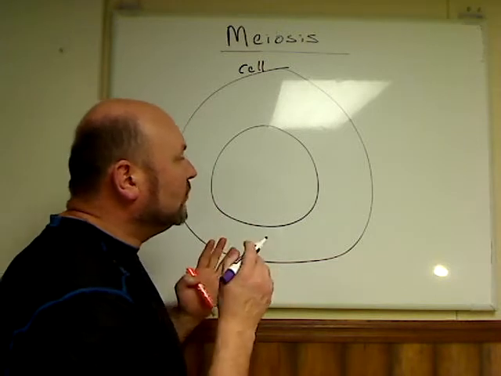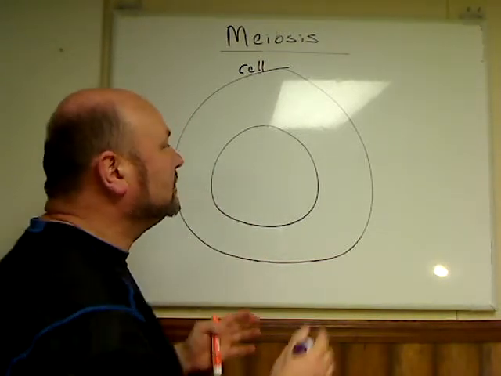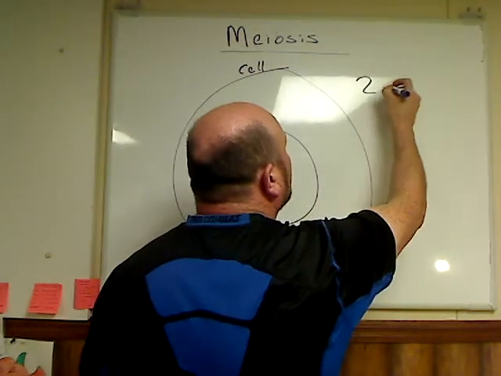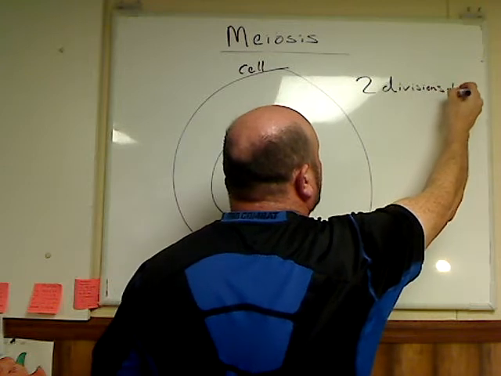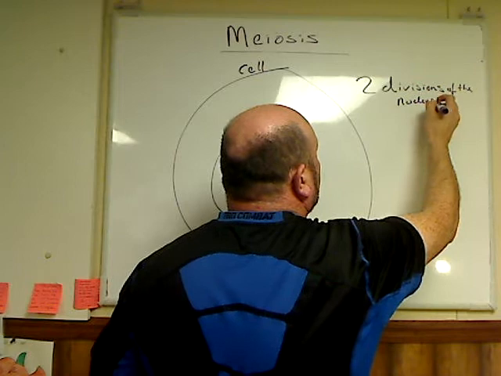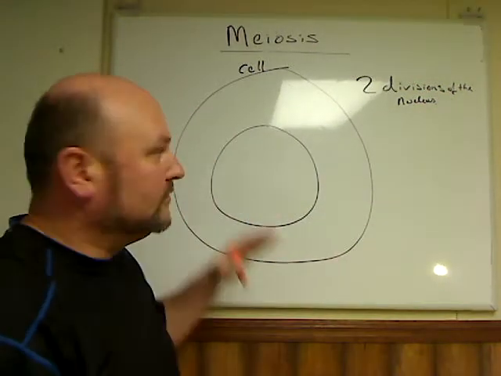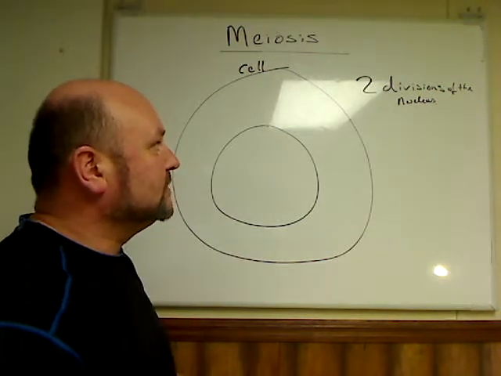So one of the first major differences between mitosis and meiosis is there are two divisions of the nucleus. So it goes through two stages, not just the one in mitosis.